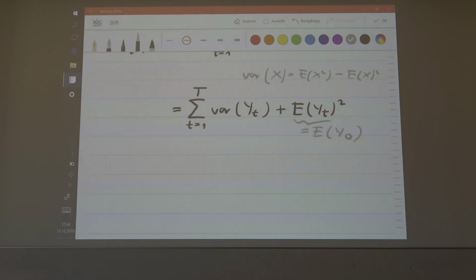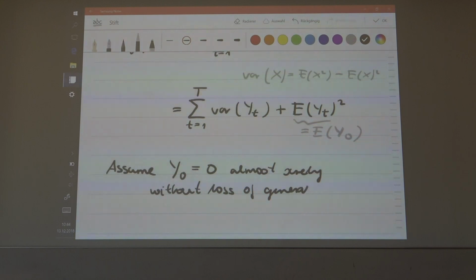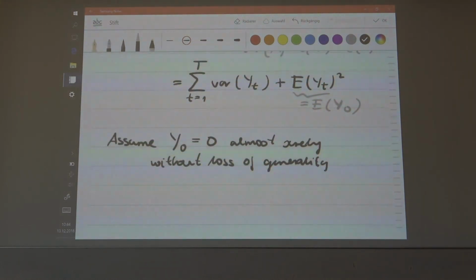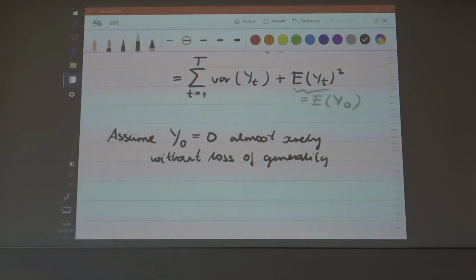If the starting value is 0 almost surely, meaning with probability 1, without loss of generality, then the expectation of the sum of the squares is equal to this expression, because the other term cancels out.